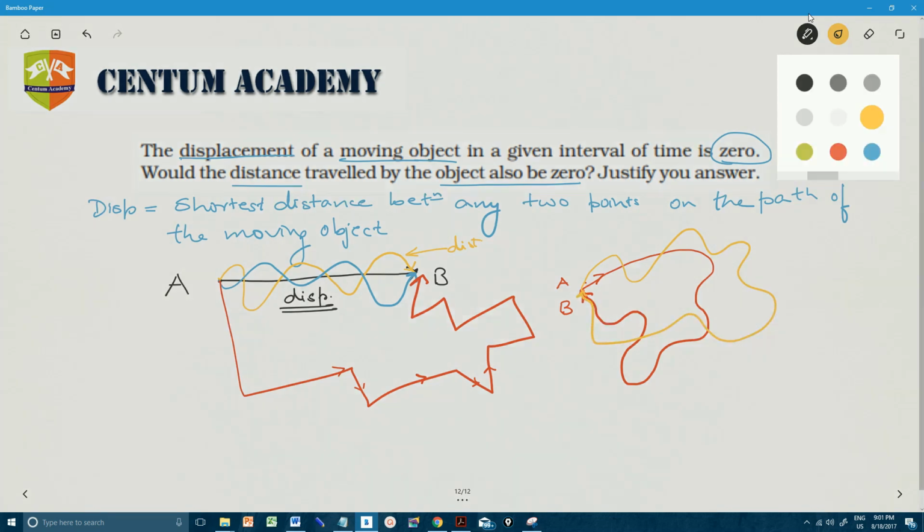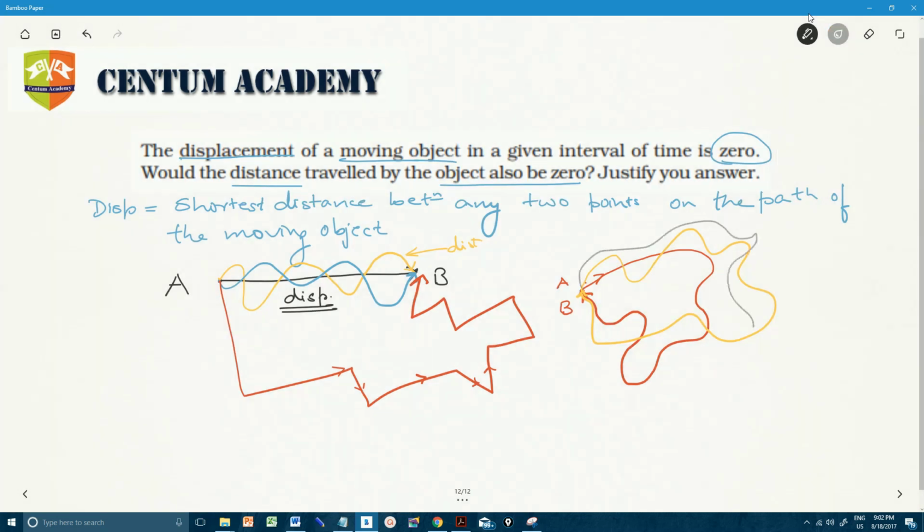So we can say that in this case, though the displacement is 0, the distance is not 0. So displacement is equal to 0, but distance is not equal to 0.